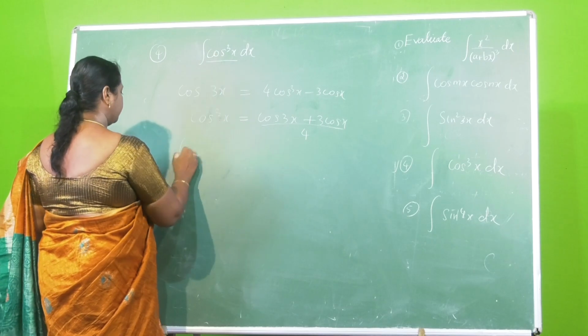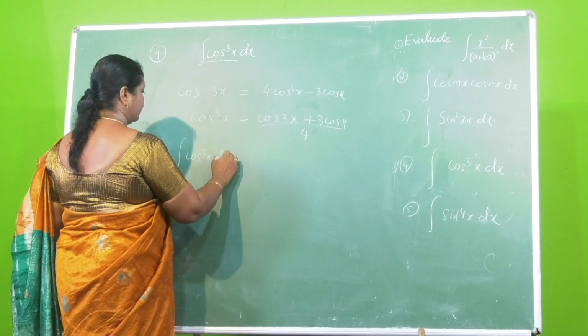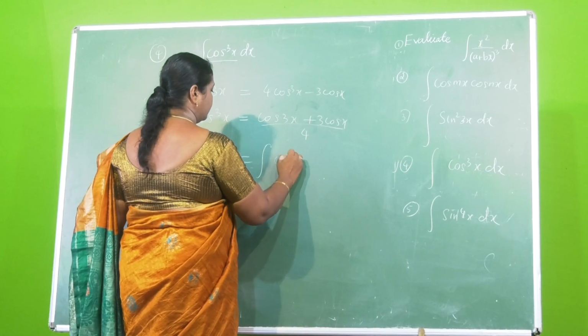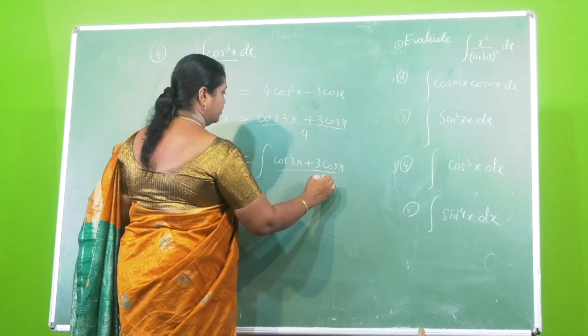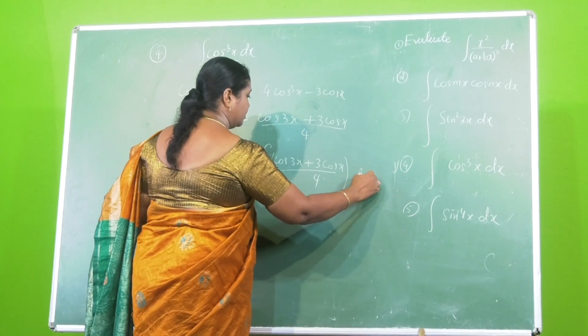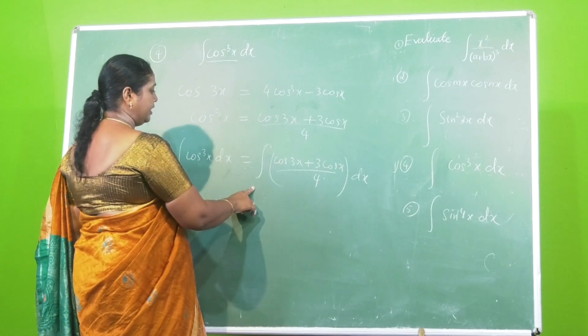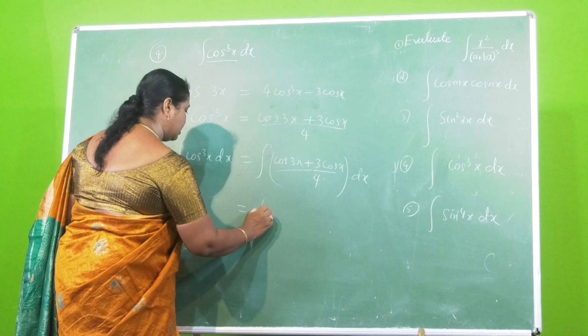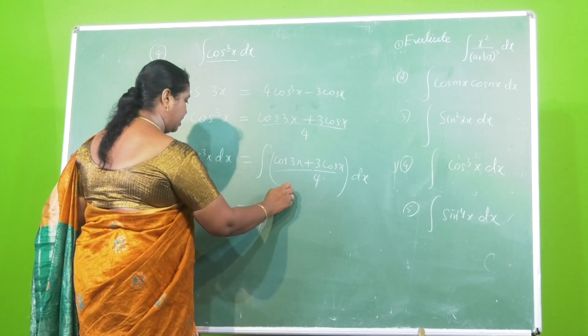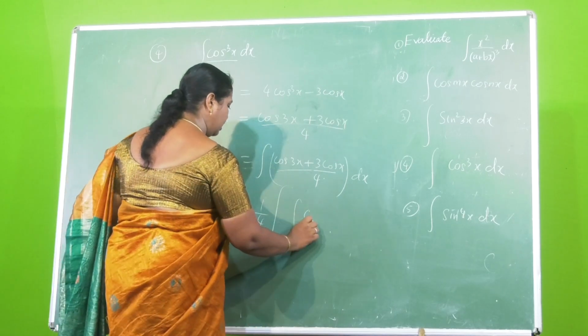If you replace this in the integral, cos 3x plus 3 cos x divided by 4 dx, the 1 by 4 is a constant, so we take it outside. So what will be the integral?